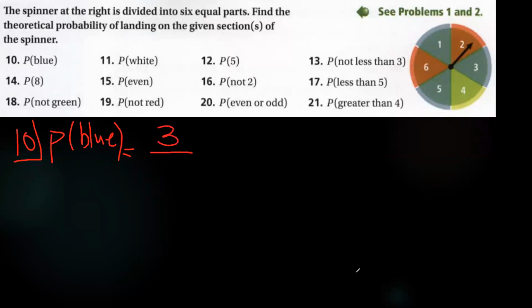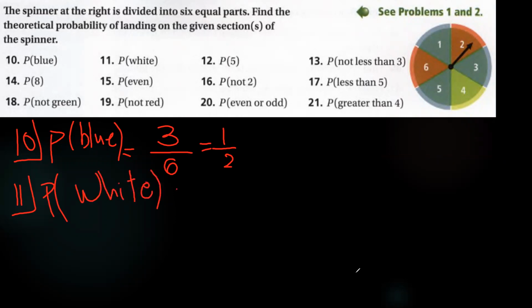Over how many parts? 6. So which is 1/2. Number 11. What is the probability of getting white now? 0/6. Bravo. There's no white, which we say that it is impossible to happen.